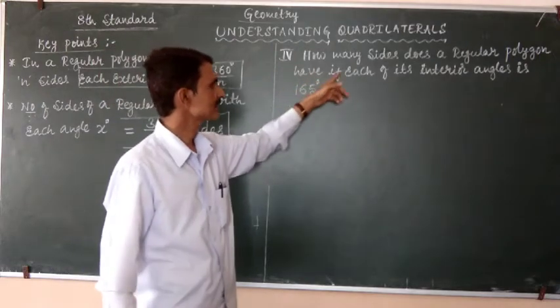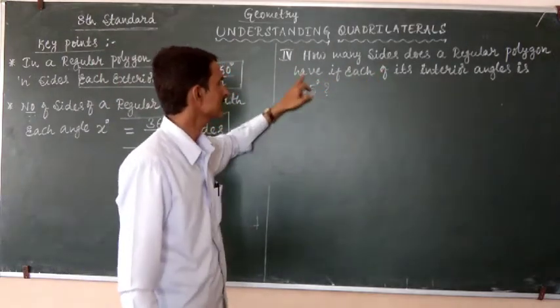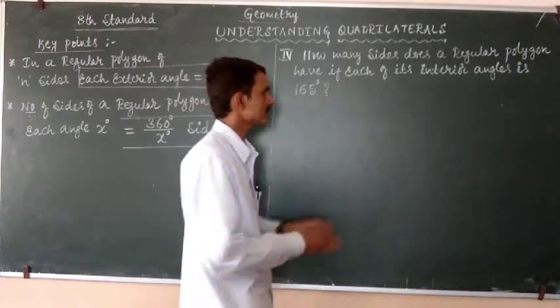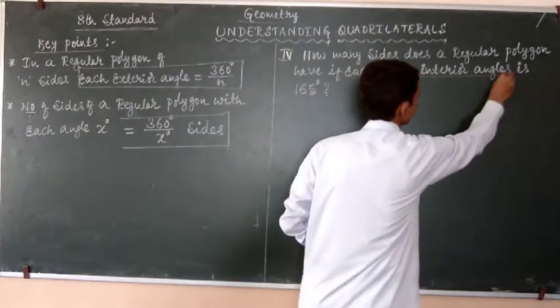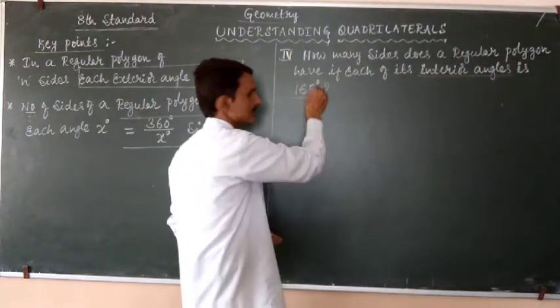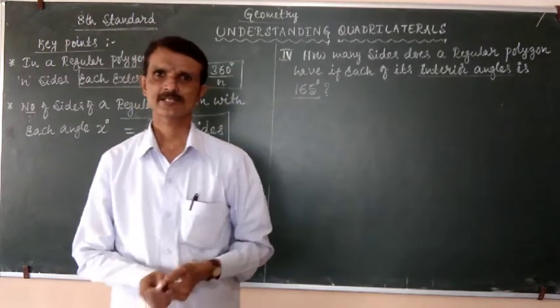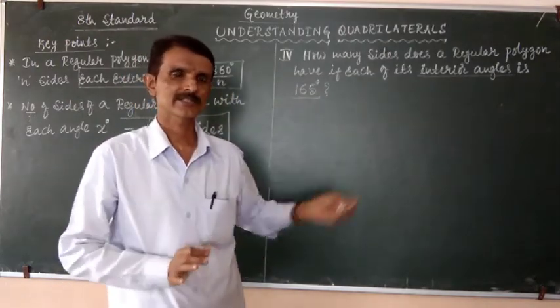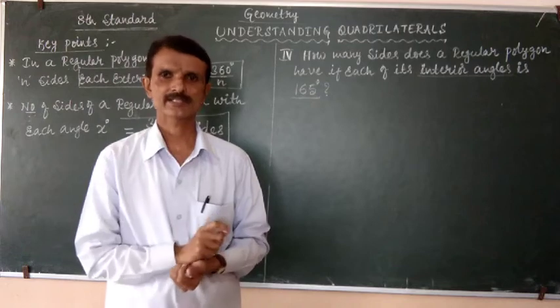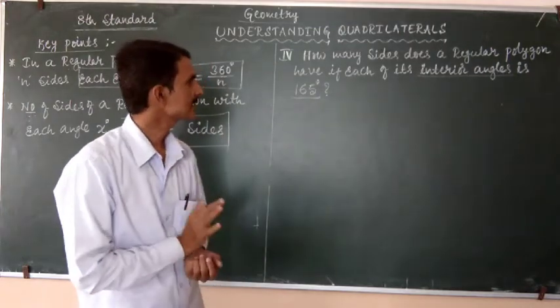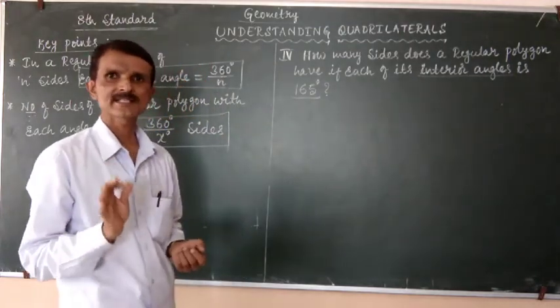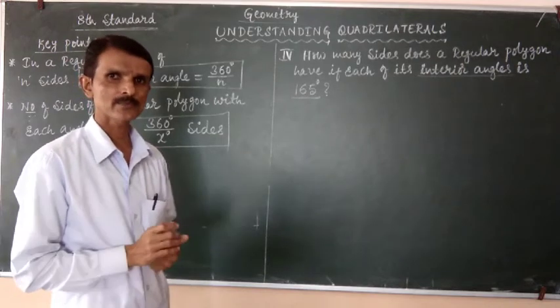How many sides does a regular polygon have if each interior angle is equal to 165 degrees? So we have to calculate how many sides that regular polygon has.